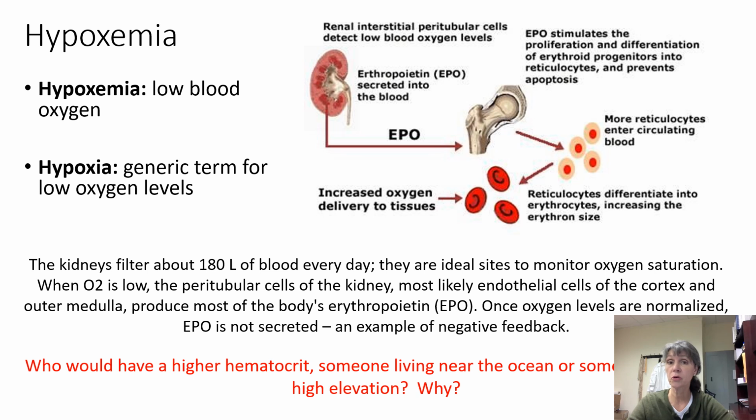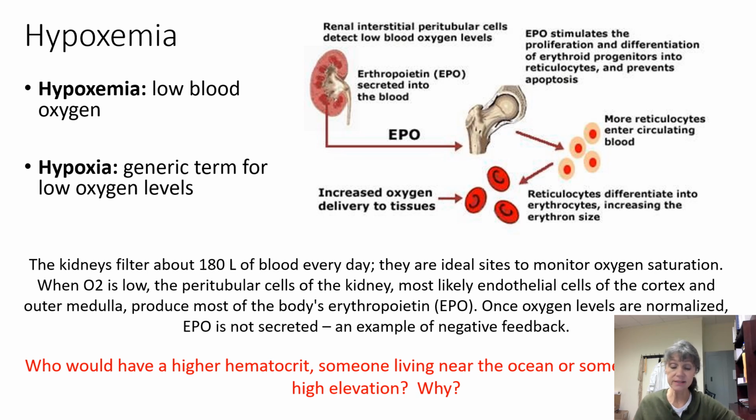So they secrete erythropoietin, which is a hormone, into the blood, and as it circulates through the bloodstream, when it reaches the bones, and remember that we have a lot of marrow as adults in the proximal epiphyses of the humerus and the femur, that erythropoietin hormone will stimulate the proliferation, so we're going to make a lot more of, and differentiate the erythroid progenitor cells into more committed cells called reticulocytes, and it prevents cell death.